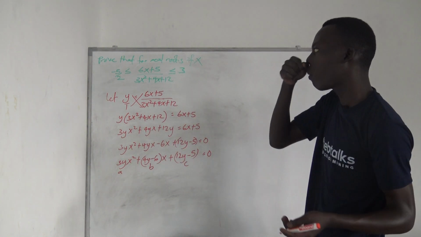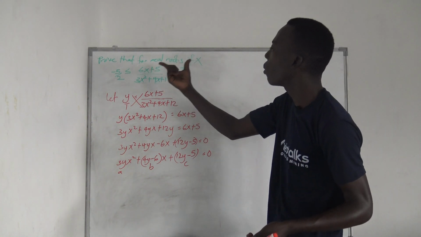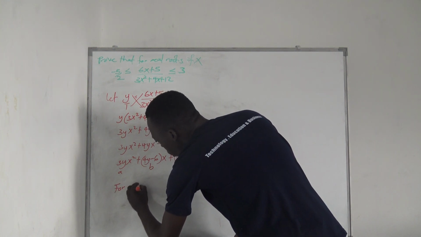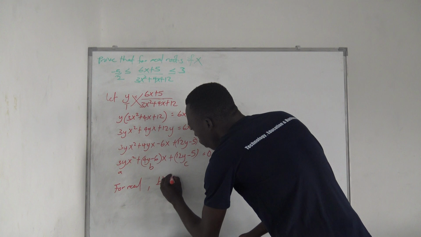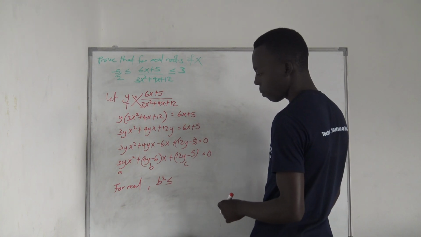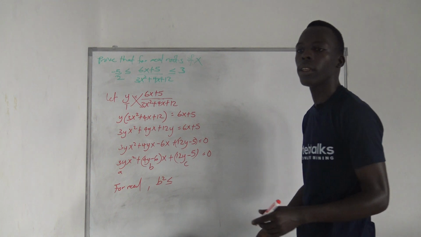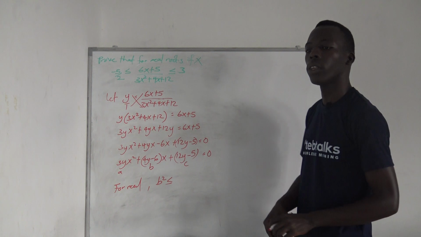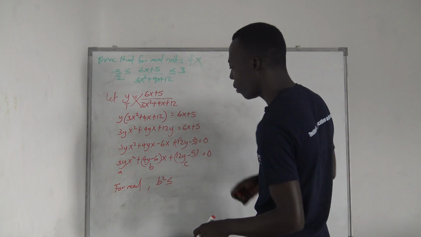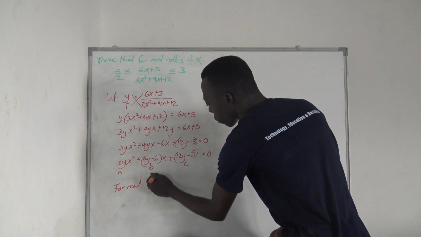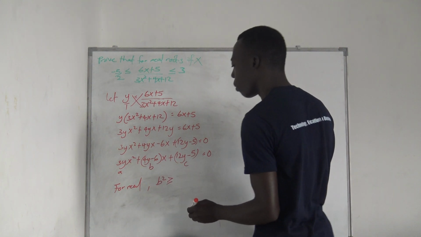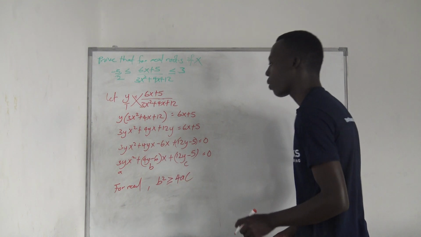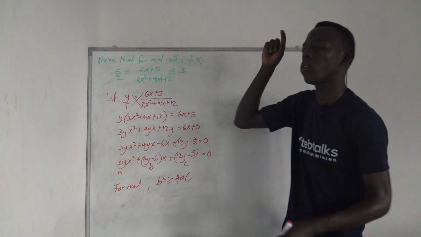So they say, for real roots, prove that. For real roots, we said that b² is greater than or equal to 4ac, not less than or equal to, from our discussion previously.